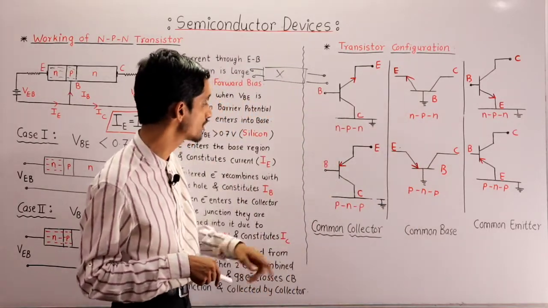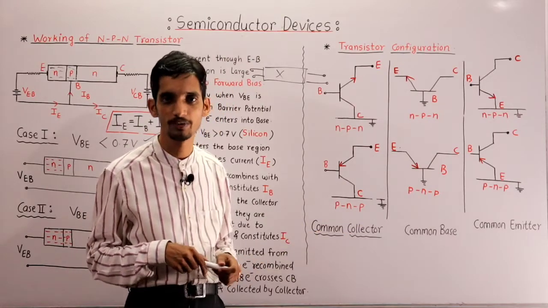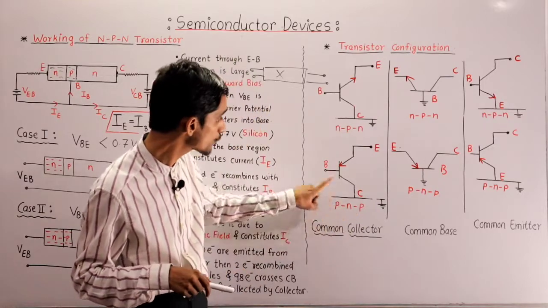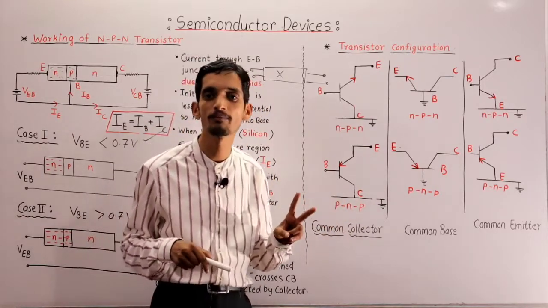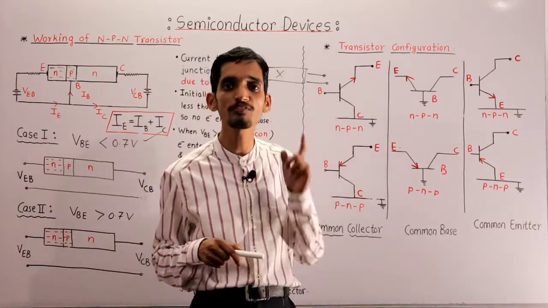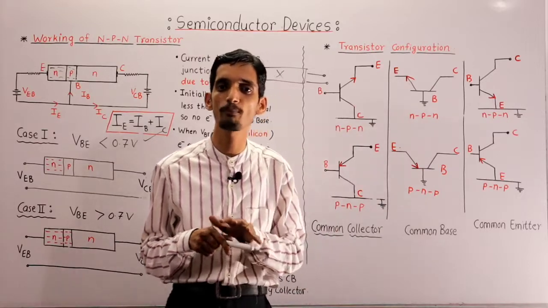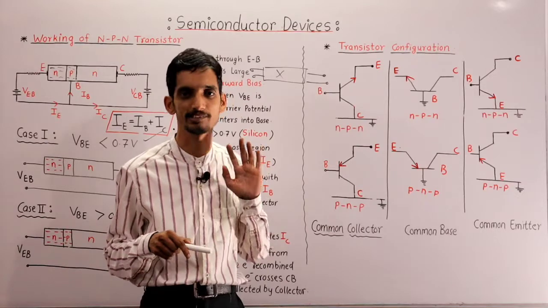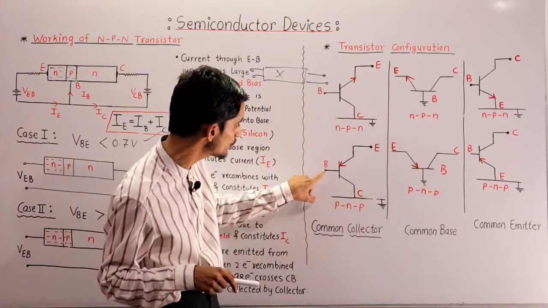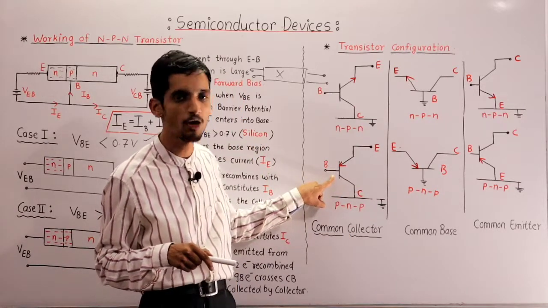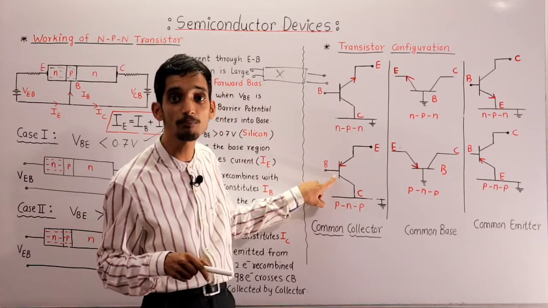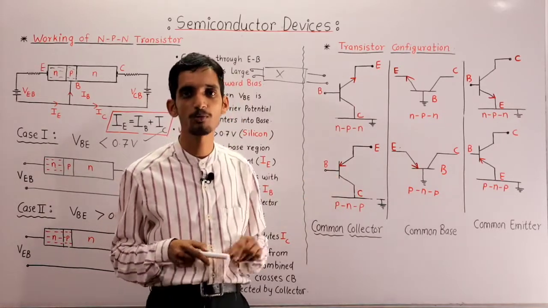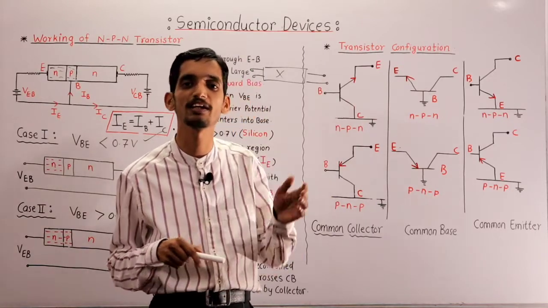Now the next important one is the common collector configuration, in which the collector terminal is common. If the collector is common, the remaining terminals are emitter and base, out of which the input current is definitely from the base. So for common collector also the input current is the base current. The output current is from the emitter, because the collector is common, so we cannot use the collector for taking output.